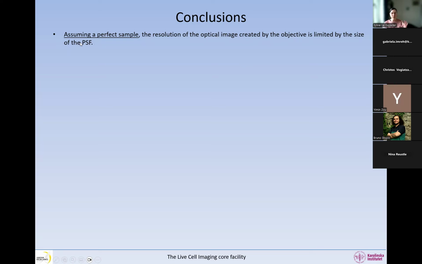Okay, so the radius of the main lobe. It is a perfect sample, and we sample correctly.